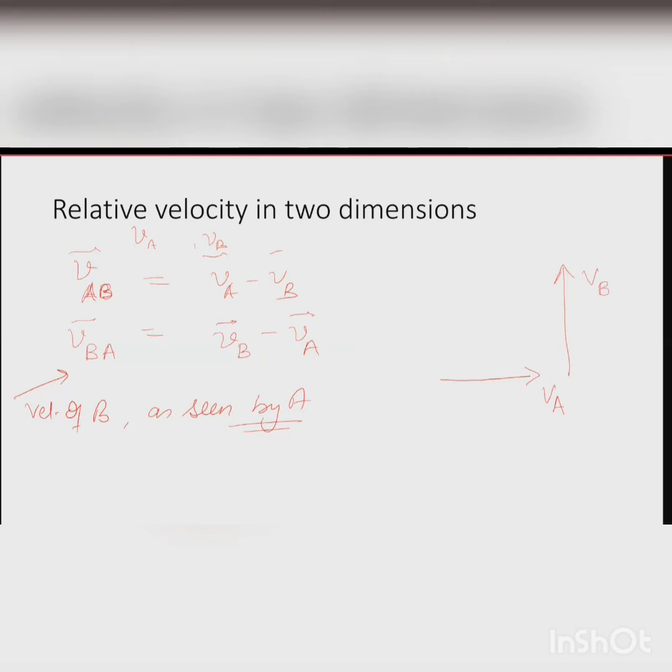And now I have to calculate the velocity of A as perceived by B.